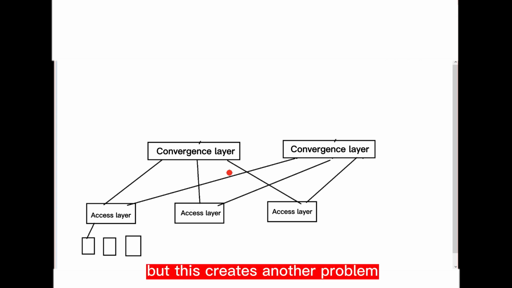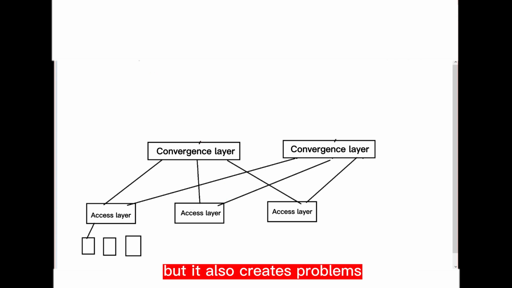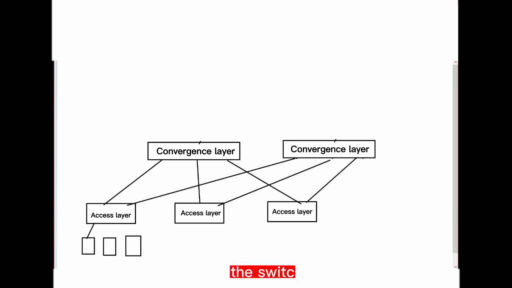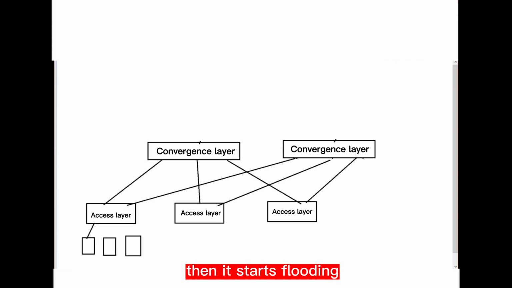But this creates another problem. It can improve the reliability of the network, but it also creates problems. Let's take a look. We discussed switches today. For a broadcast packet, the switch floods it. When the incoming interface receives broadcast data, it starts flooding.